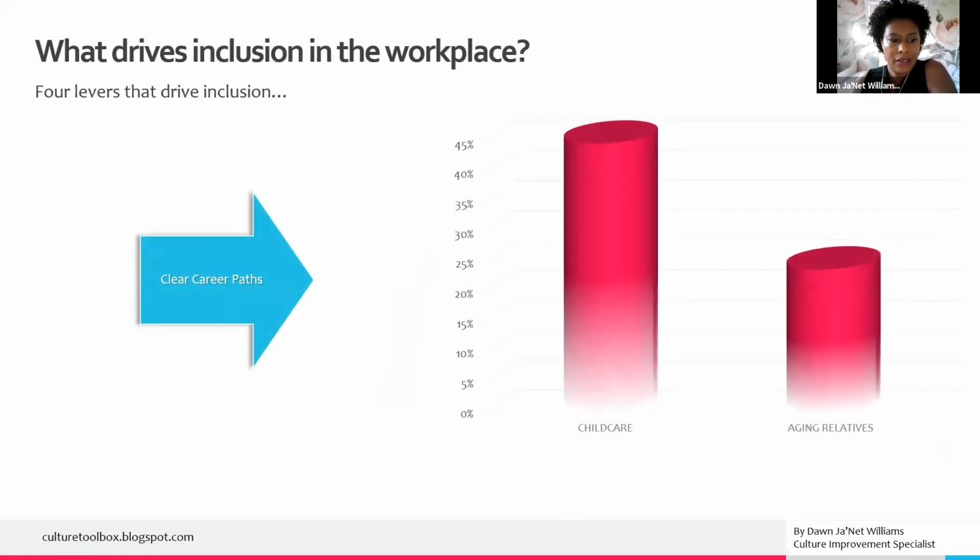Another lever is clear career paths. For women and LGBTQ individuals and people of color, the map to career success is murky. HBR's research shows that 45% of women off their career track are the main ones responsible for caring for their children, although elder care is increasingly pulling people off their career track, with 24% leaving to care for aging relatives.